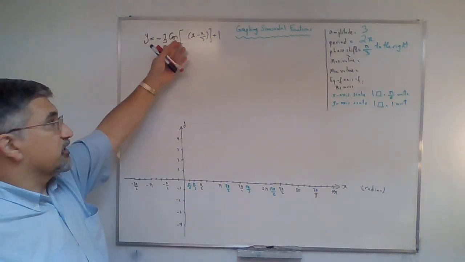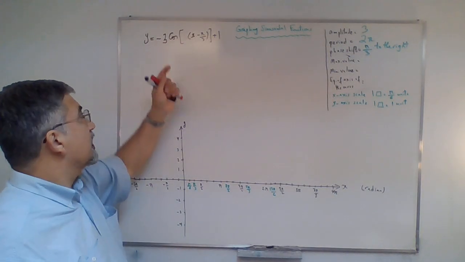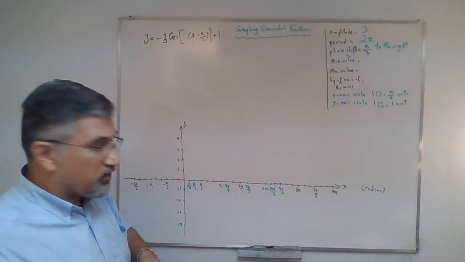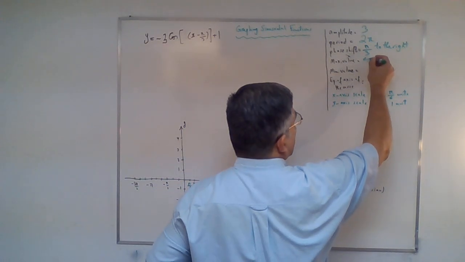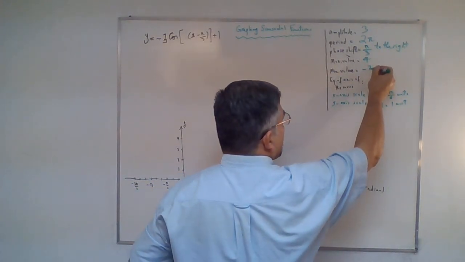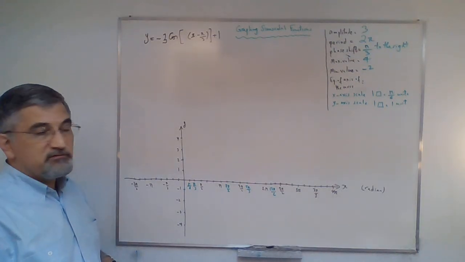Max value: to find the maximum value, we can use either the formulas or you can say that cosine has a minimum value of -1, times -3 is going to be +3, plus 1 is going to be 4. So the maximum value is 4, and the minimum value is -2 based on the formulas studied in the past. So we know the max value, we know the mean value.